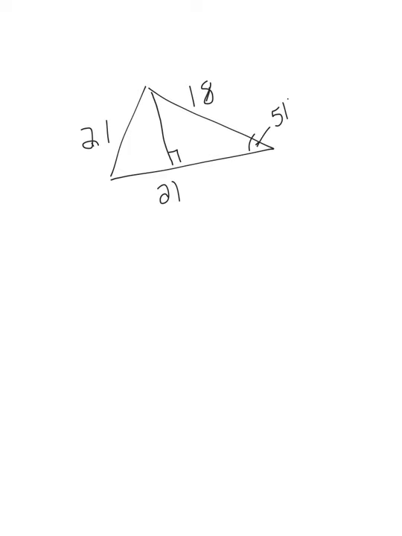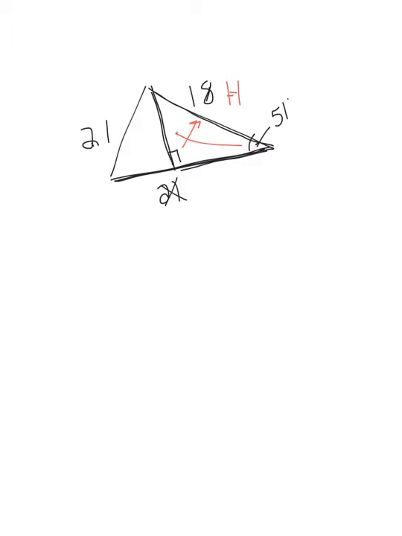Now that I have this, I can see that when I'm trying to find my height, I have a right triangle here. In this right triangle, I cannot use the 21 since that's the length of this whole entire thing on the bottom. So what I will be using is the hypotenuse is 18.